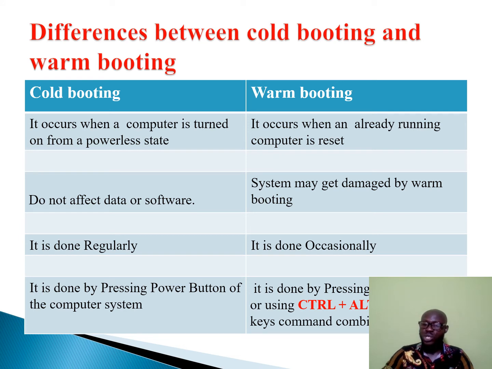As you are pressing, you don't remove your hand. It's Control plus Alt plus the Delete key. It will reboot the machine. It will restart the machine to reload the operating system into the memory of the computer so that processing can take place. Good.